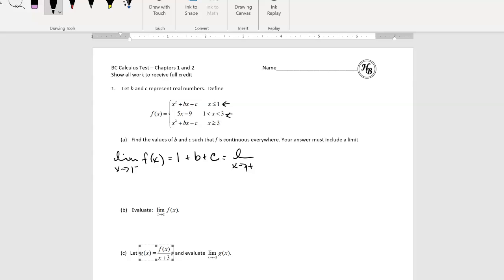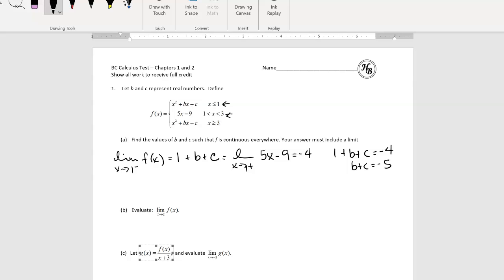And that would be this equation, x greater than 1 and less than 3, of 5x minus 9. And that's going to give us negative 4. So we can take 1 plus b plus c equals negative 4, and write b plus c equals negative 5. And we're going off this page right there. So let's do this. B plus c equals negative 5.